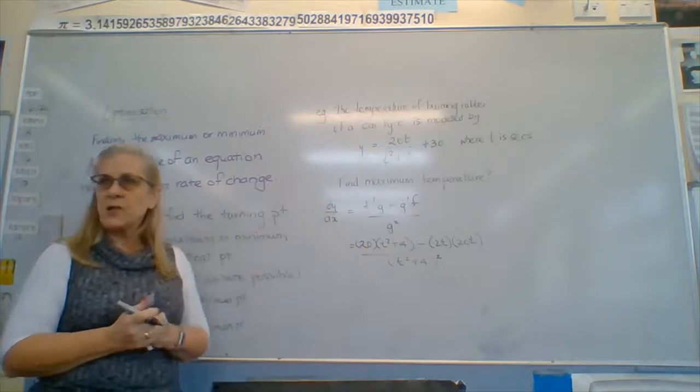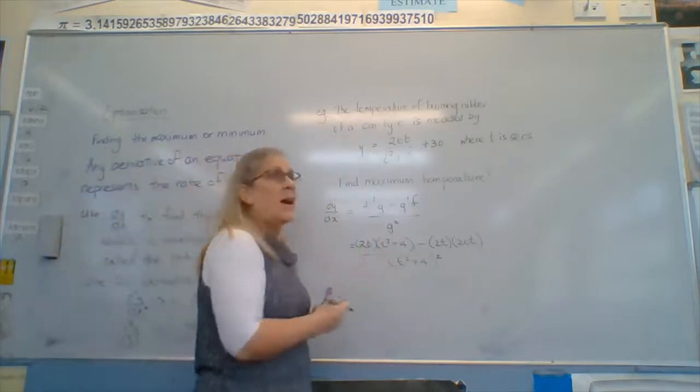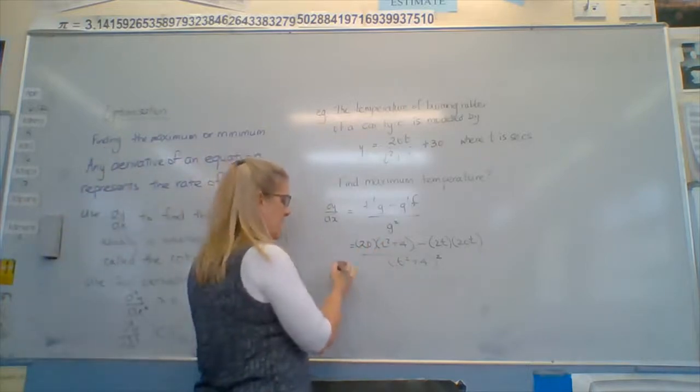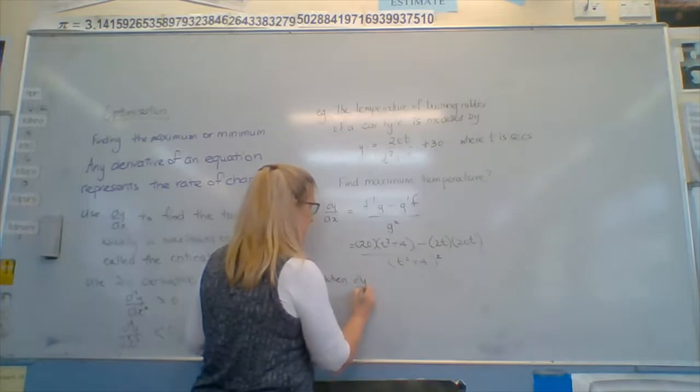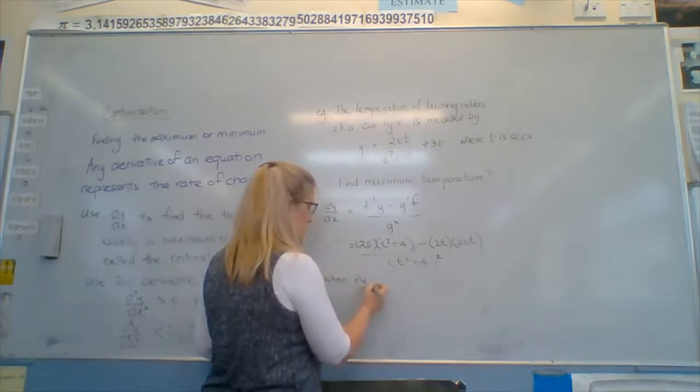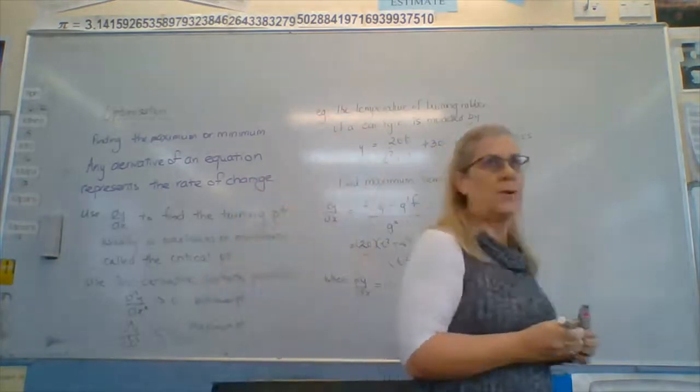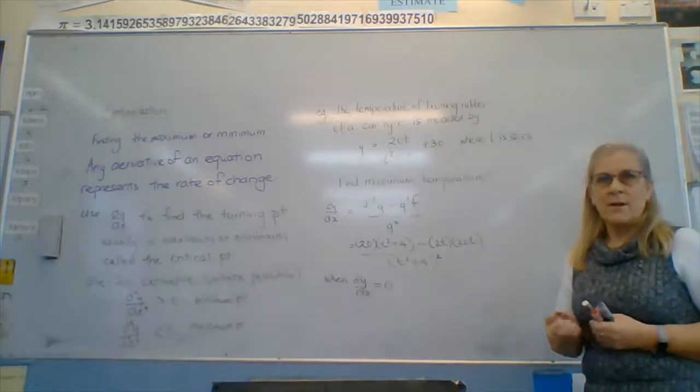So we want to know when that is equal to 0. Now, quite often in the actual exam, they will ask something like this, because they're testing you on something else as well. What are they testing you on?